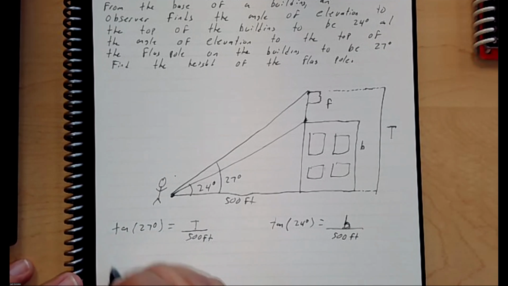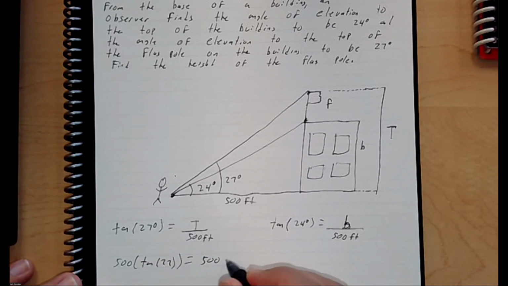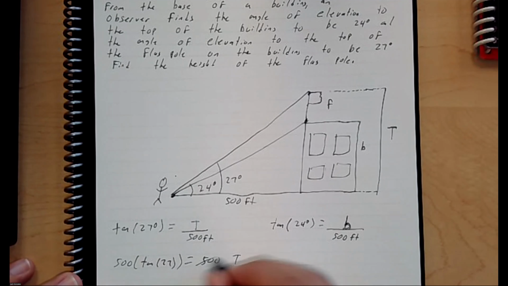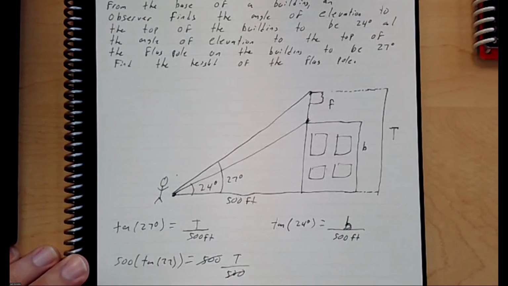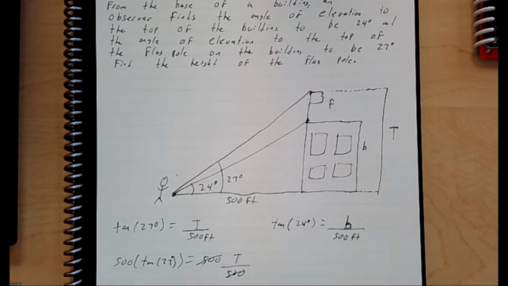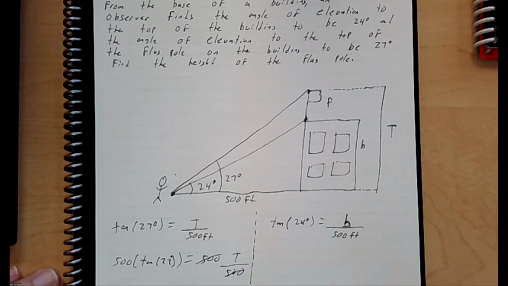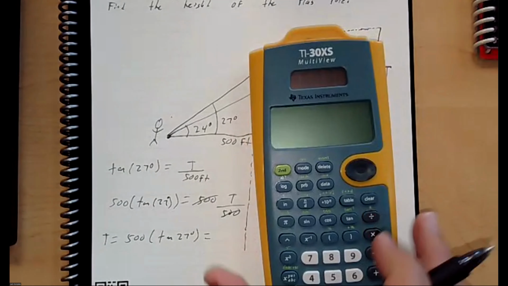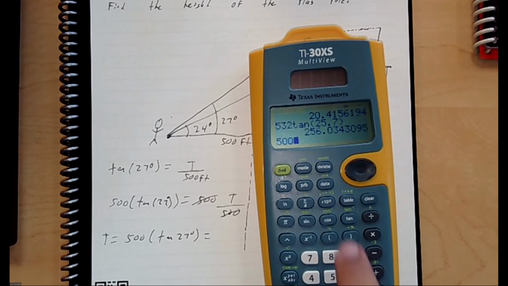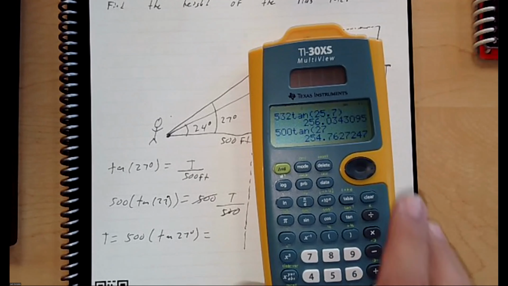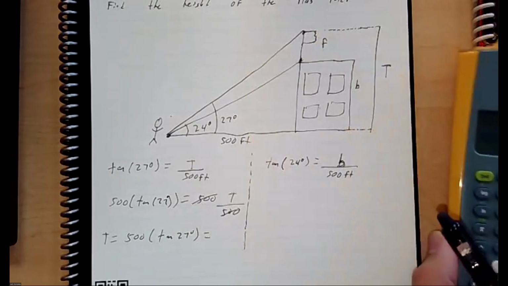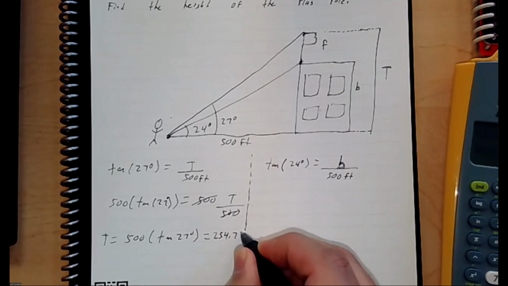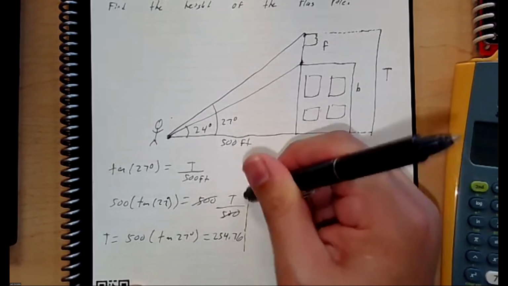Multiply both sides by 500. So capital T is equal to 500 times tangent 27. What is that going to be? 254.76.